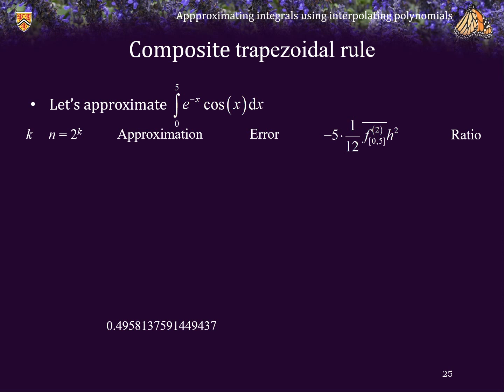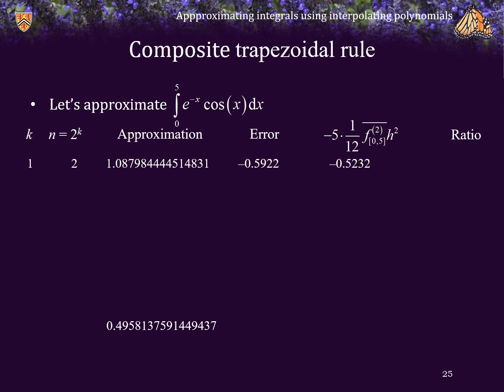For the approximation of the error, I'm going to take the average value of the second derivative of that function from 0 to 5, and I will multiply that by h squared and times the width of the interval, which is 5. I will also calculate the ratio of the current error over the previous error.